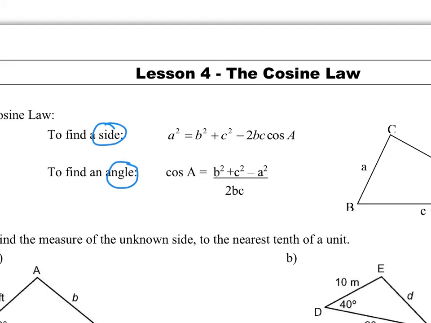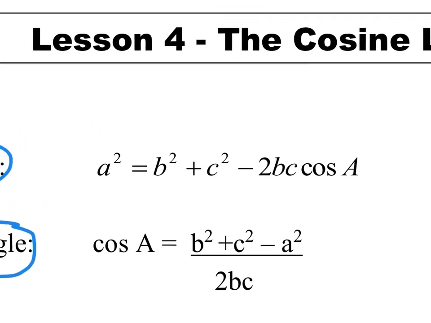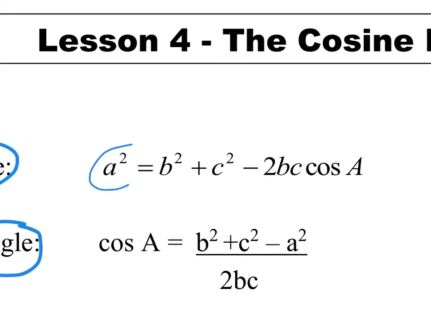So, to explain the first formula here, we're trying to solve for a side length. So the side length that we're trying to solve for is isolated. It's by itself.